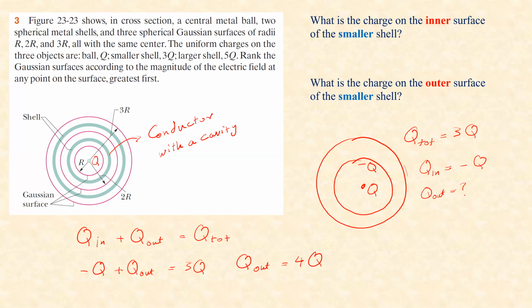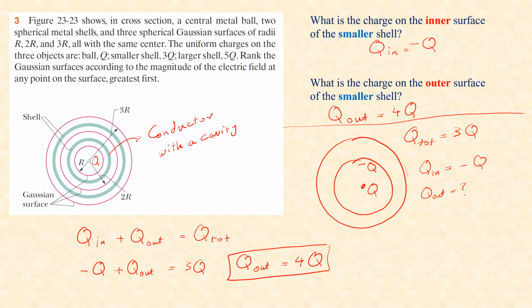Q out will be 4Q. So Q in, on the inner surface of the smaller shell, will be negative Q. We call it Q in, and Q out will be 4Q, although the total charge is 3Q. So it has 4Q on the outer surface and negative Q on the inner surface, so the total is 3Q.